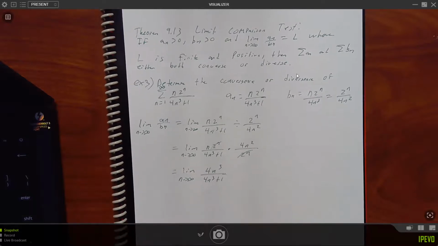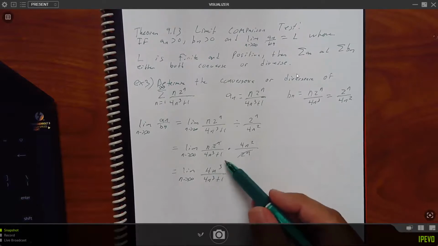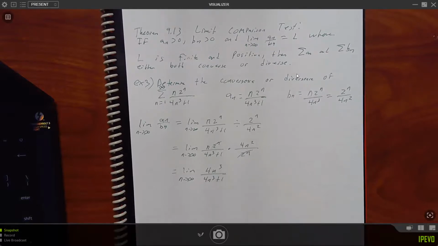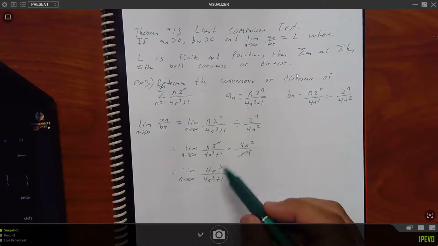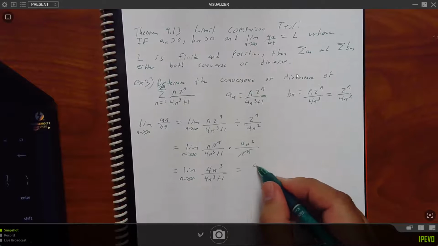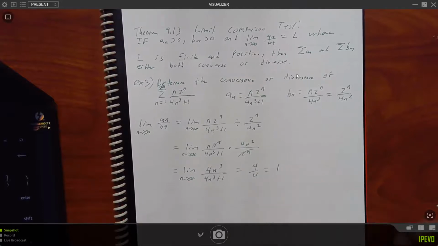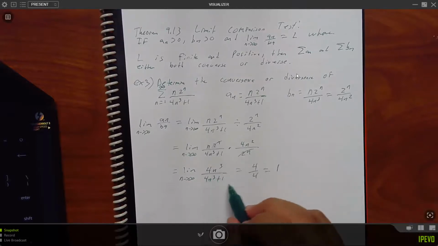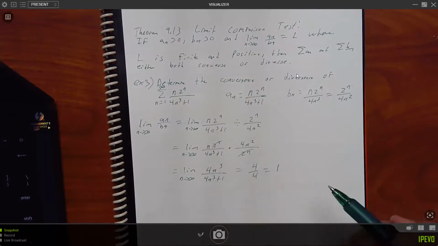Now this limit is obvious, right? What is the limit? Do you remember? The degrees are the same. You just divide the coefficients of the highest powers if the degrees are the same. So the limit would just be 4 over 4, which is 1. Or you can divide each one by n cubed and end up with 1 anyway.